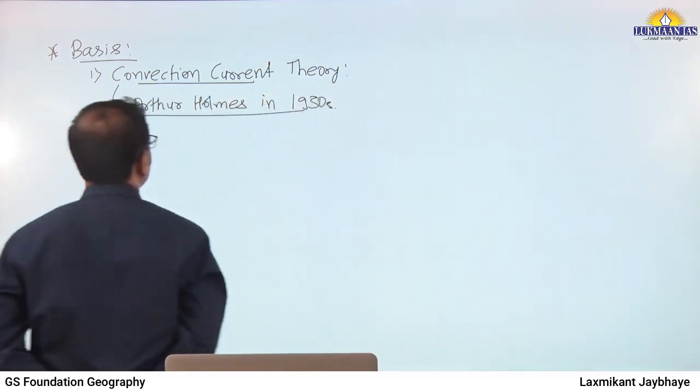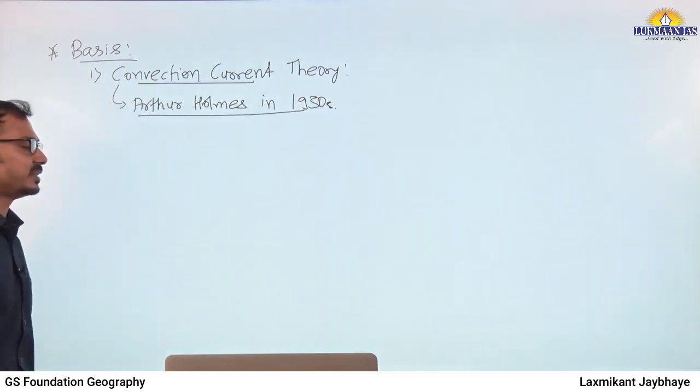Now let us understand what this convection current is and how it is formed.